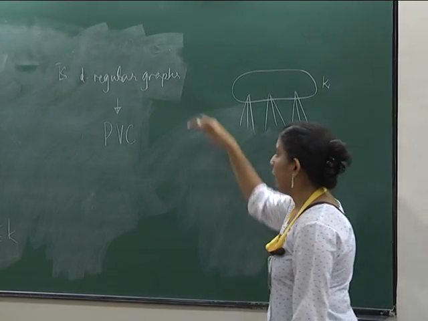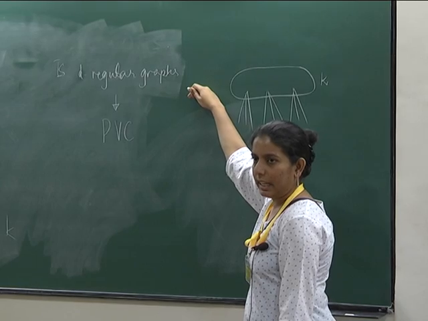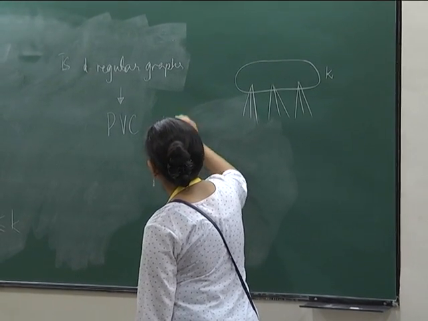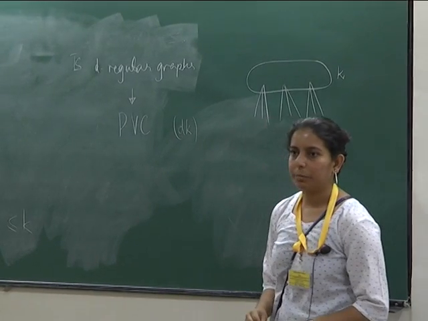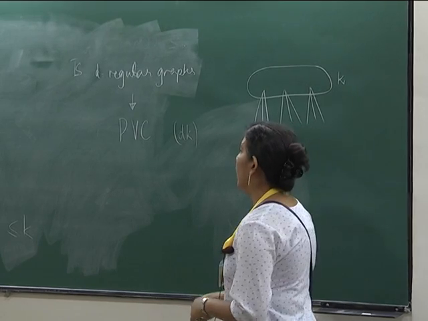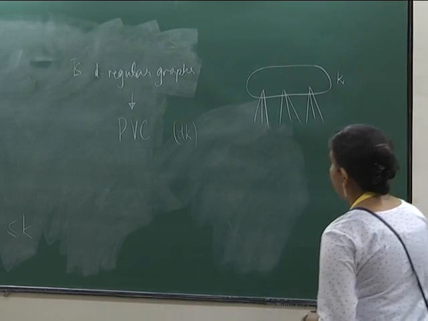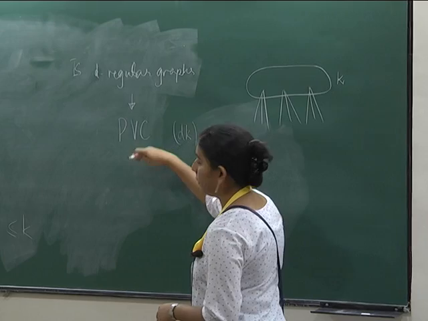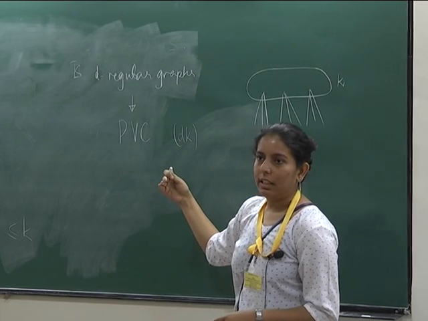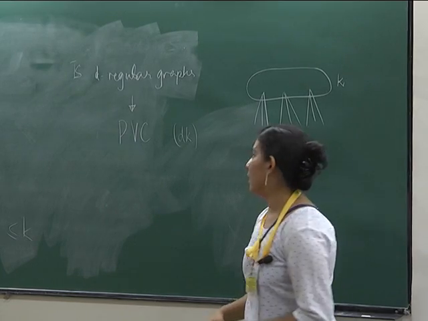So if you have an independent set of size k, then you have a partial vertex cover of size k covering at least d times k edges. Now, why not exactly?